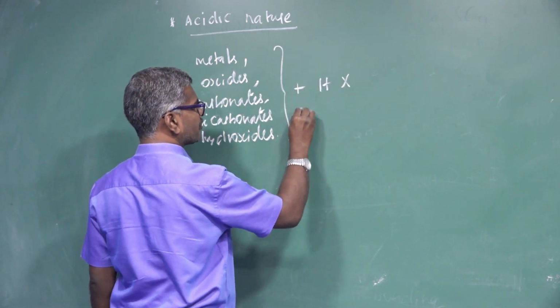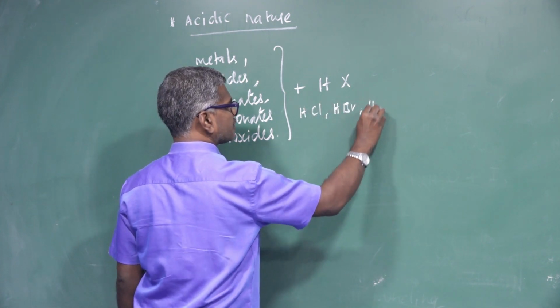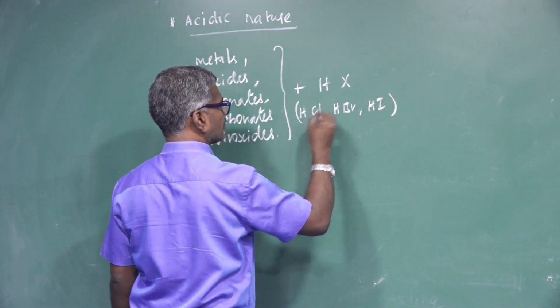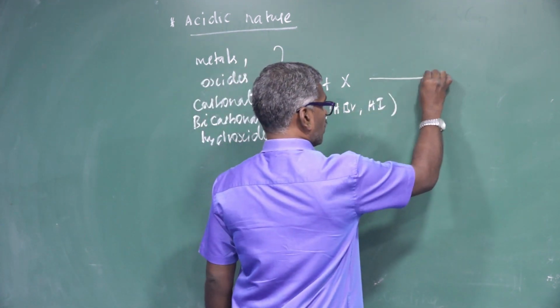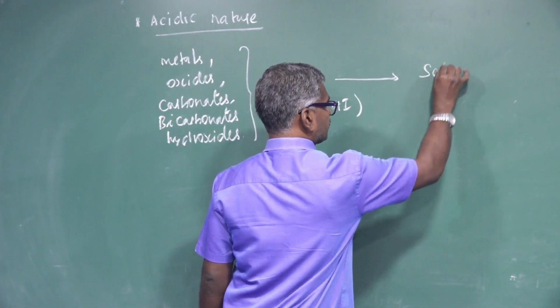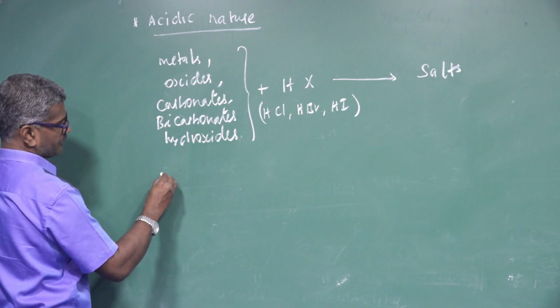HX is nothing but HCl, HBr, HI. HF is an explosive compound, and these form salts. First one, metals.